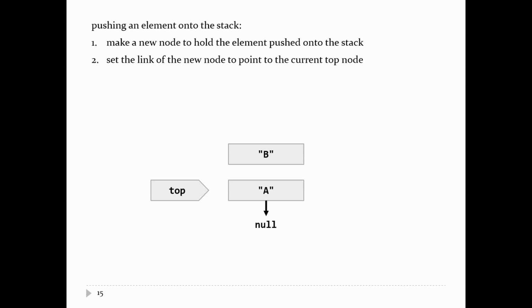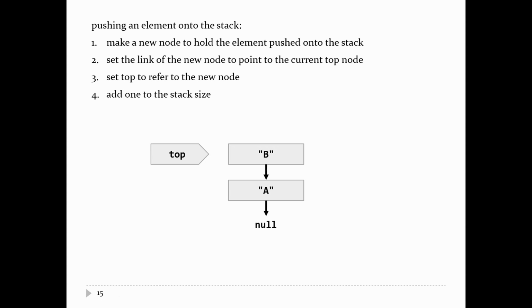In other words, I need to link the B so that it points to the A. Now that's the new top of the stack, so I have to move top so that it points to B. And that's what your stack looks like now.